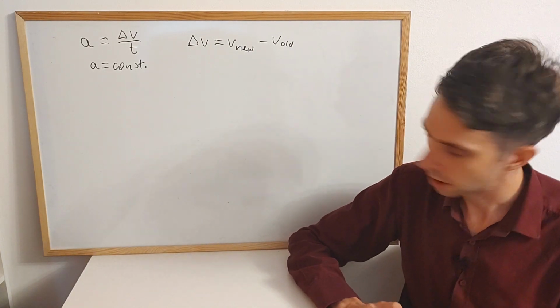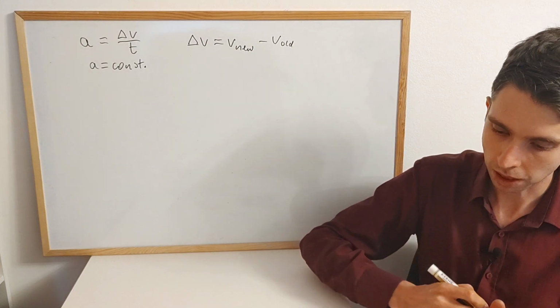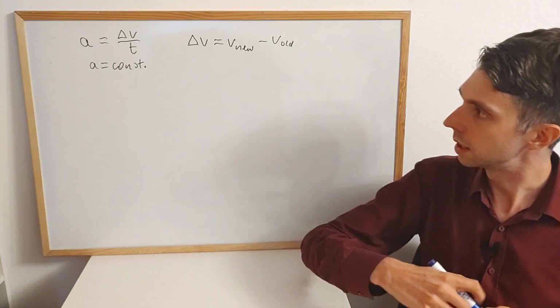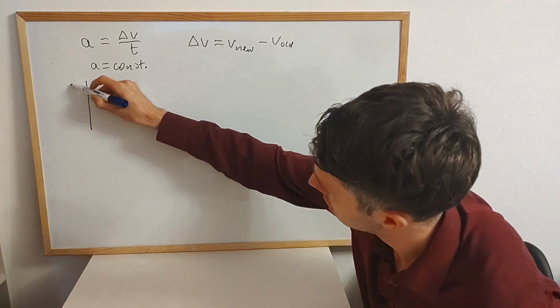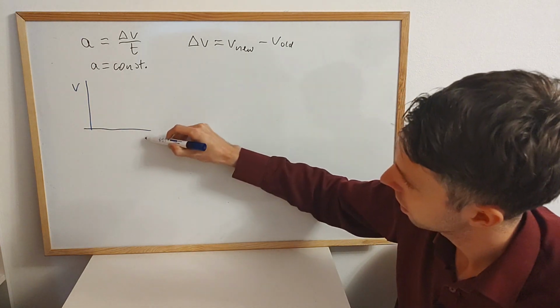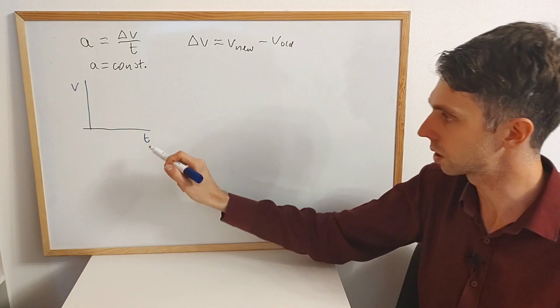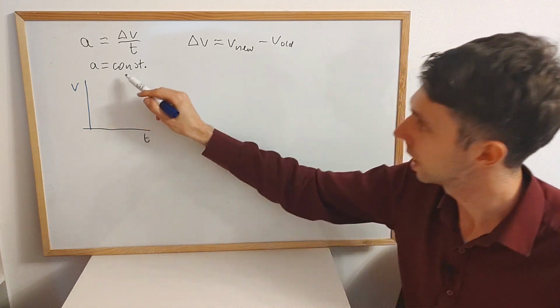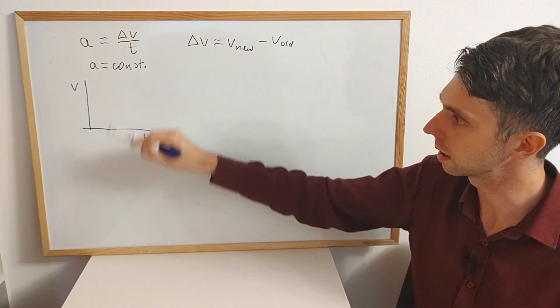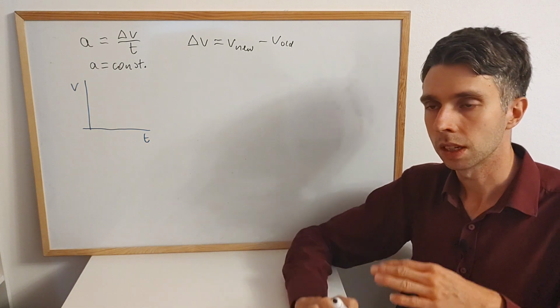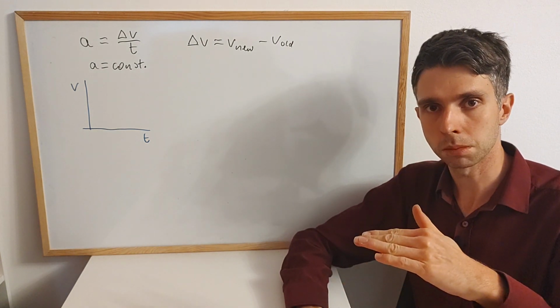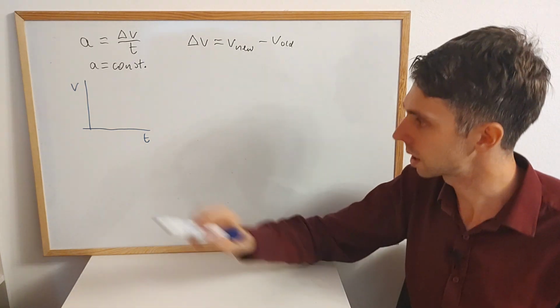Okay, and we discussed also how to calculate the distance. So first of all, the graph, how the speed changes with respect to time. And uniformly accelerated motion means that your speed increases by the same amount every second.